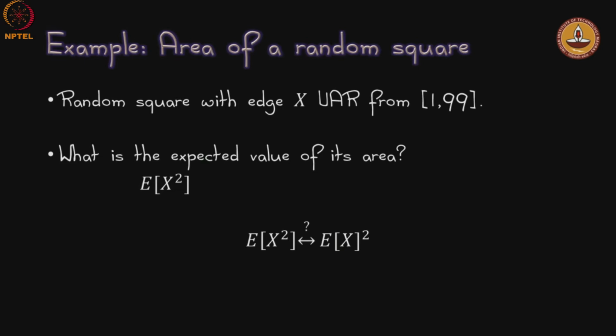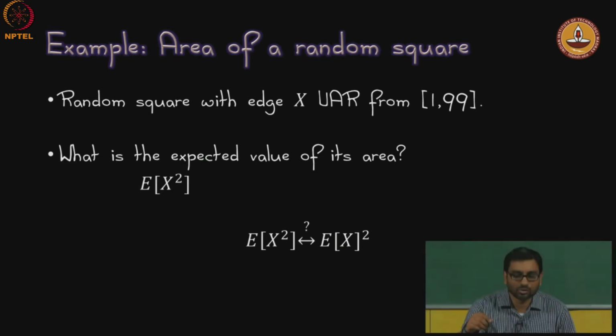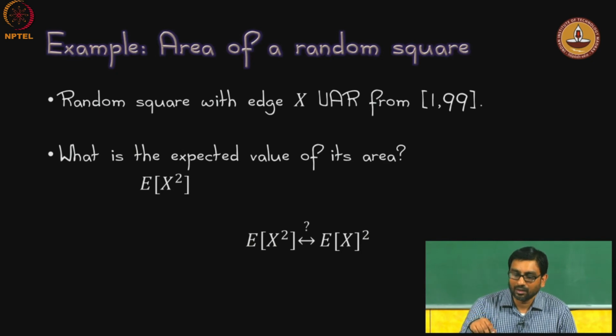Okay. In the same context of random variables, let us look at Jensen's inequality. Let us motivate that by a simple example. Suppose you consider a random square, and what do I mean by that? The edge length x is chosen uniformly at random from the range 1 to 99. Let us say it is an integer value.